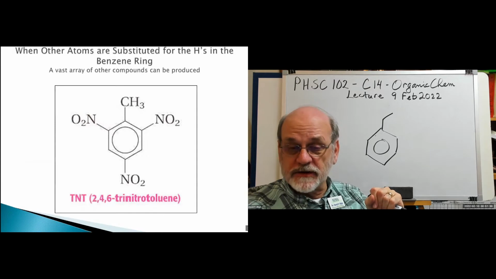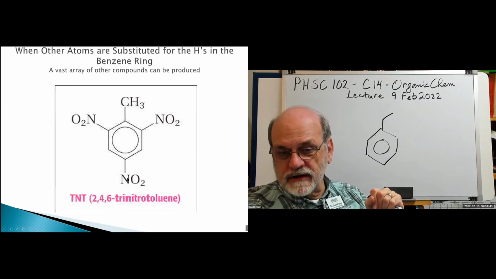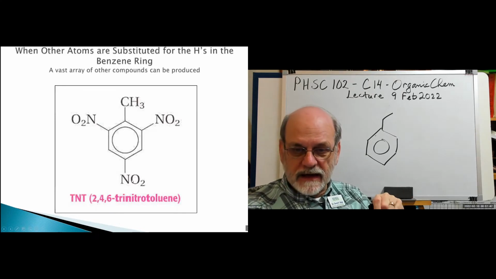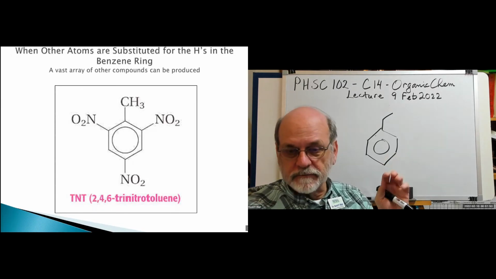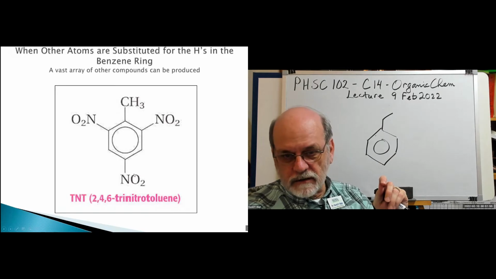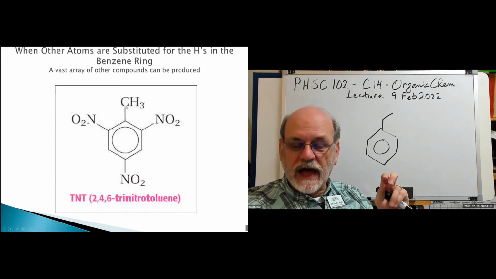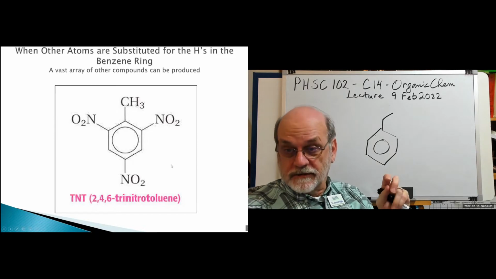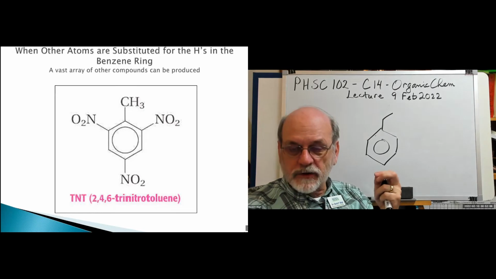Okay, here's another substituted ring. Right? There's your benzene ring. Now, instead of a hydrogen here, we have an NO2, a nitrate group. One here, one here, one here. And then we have this, remember toluene had this one here. Well, this is a useful compound called trinitrotoluene, TNT.